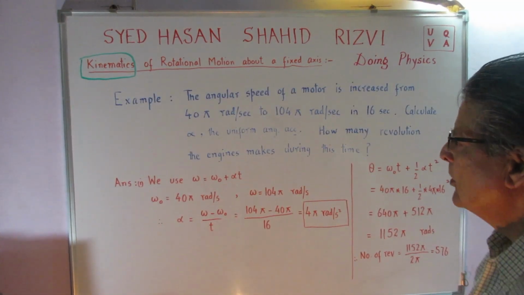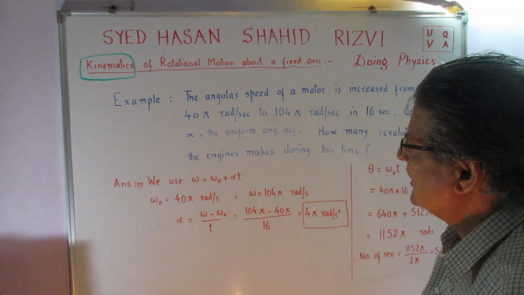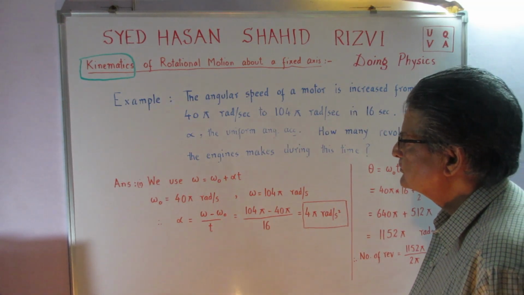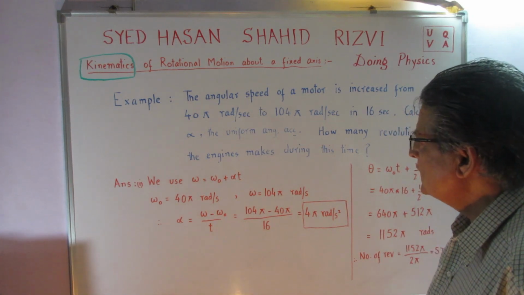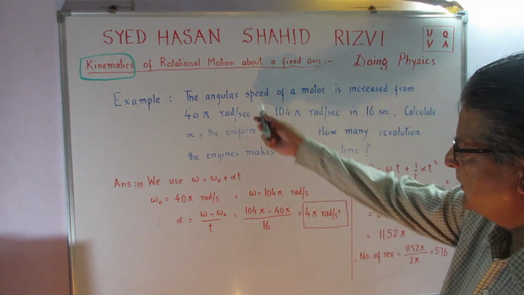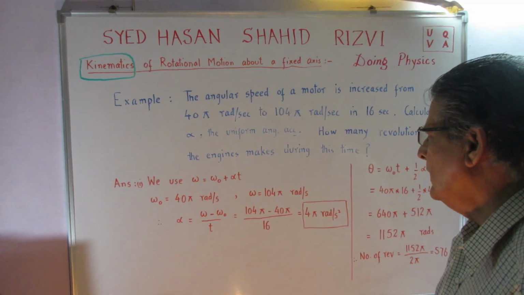So we take an example, simple example, which reads: the angular speed of a motor. Here by angular speed we mean the angular velocity, that's omega.